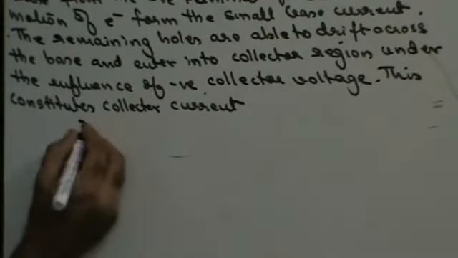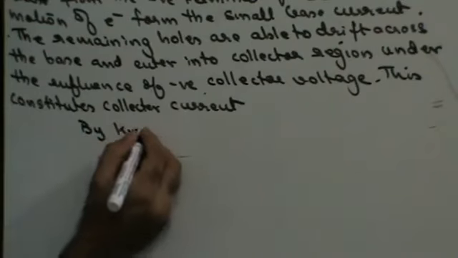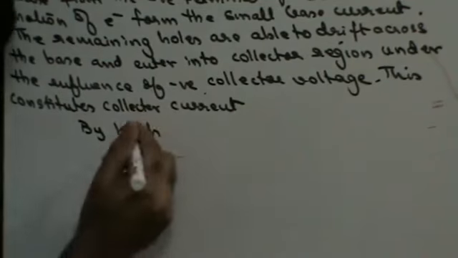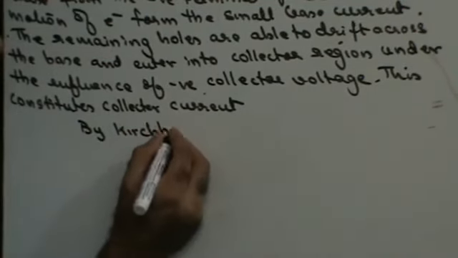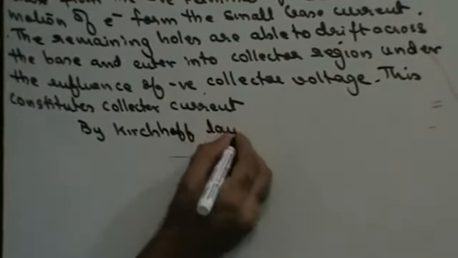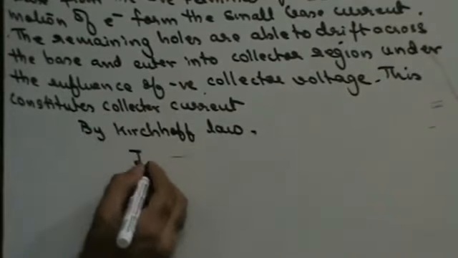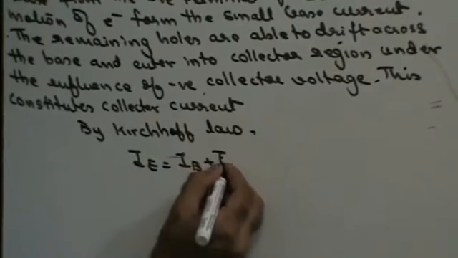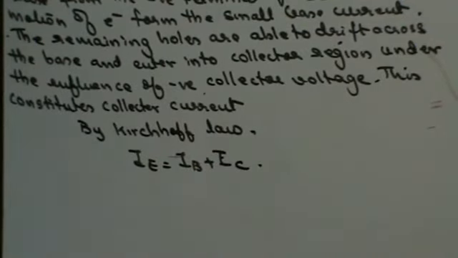Now, by Kirchhoff's law, I can say that the emitter current should be equal to the base current plus the collector current. IE should be equal to IB plus IC, right?